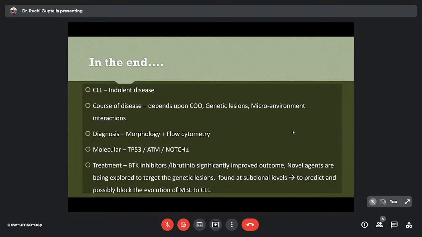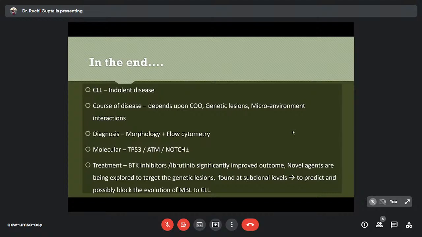But there are atypical cases, and sometimes it turns out to be TPLL, some lymphoma of a T cell lineage comes out, and it becomes a googly. But otherwise, the morphology, the smudge cells, the preserved counts and so on are diagnostic for CLL. At the molecular level, as I already said, before you do anything for risk stratification, we really need to study these markers.